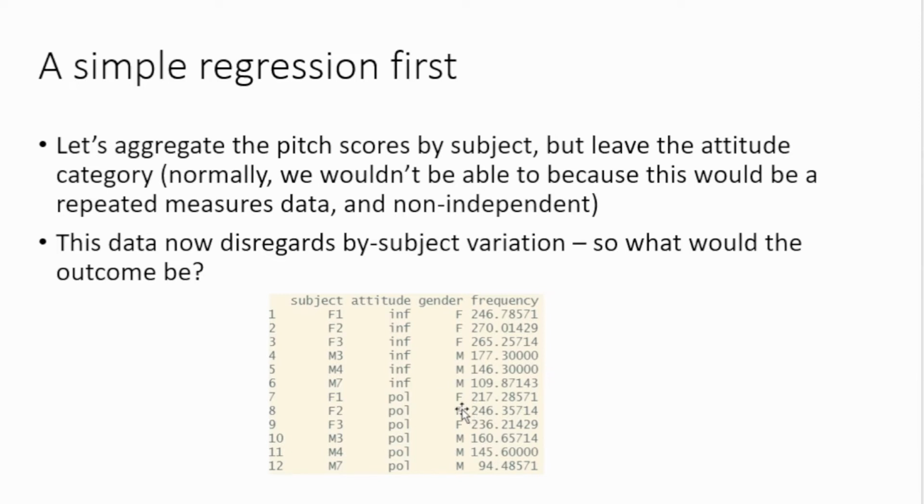Okay, so normally we wouldn't be able to do this because it is repeated measures data. So because the same participant is listed twice, they are not independent observations, but I'm just doing this as an example. This data now disregards by subject variation. So let's look at what an outcome would be in this situation.